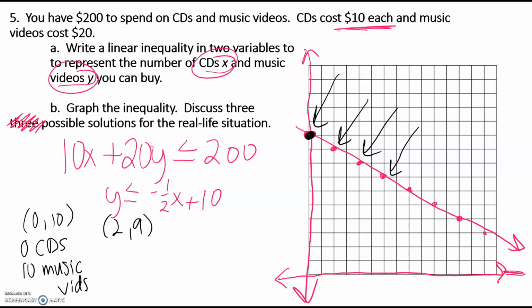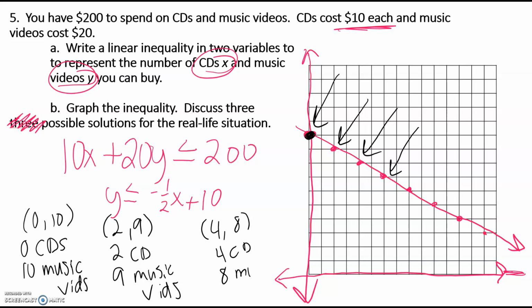So this says I can buy 2 CDs if I buy 9 music videos. Okay, and my next point down is (4, 8). So if I buy 4 CDs, that's 8 music videos. Okay, that's all it means by real life situation. I want you to tell me what those points mean.